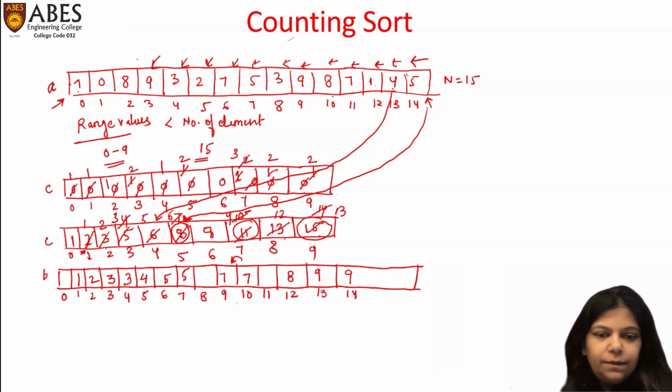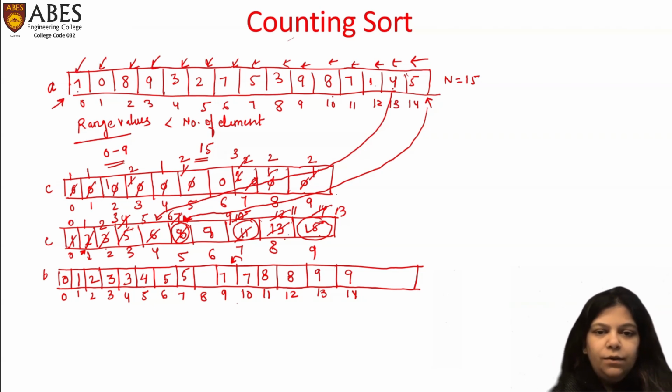Then we have 8. For 8, we have value 12. So this will be stored at index number 11. Then we have 0. For 0, we have value 1. So this will be stored at index number 0. Then we have 7.